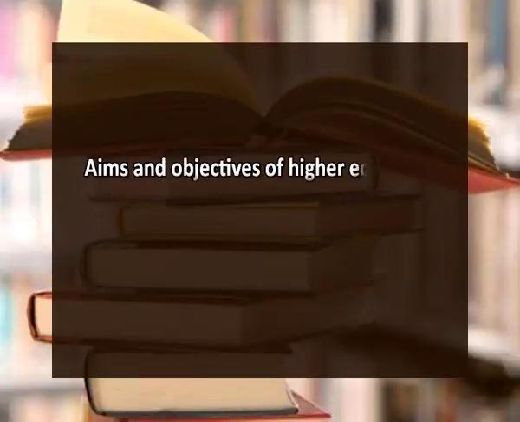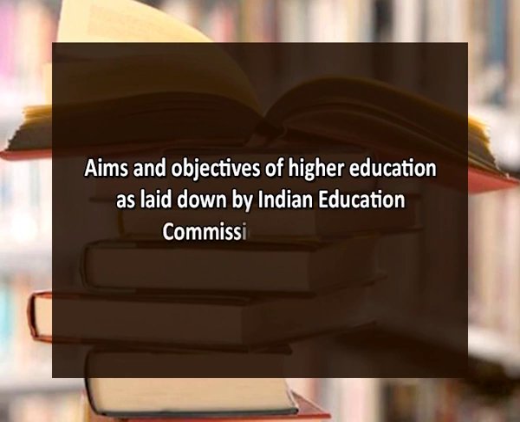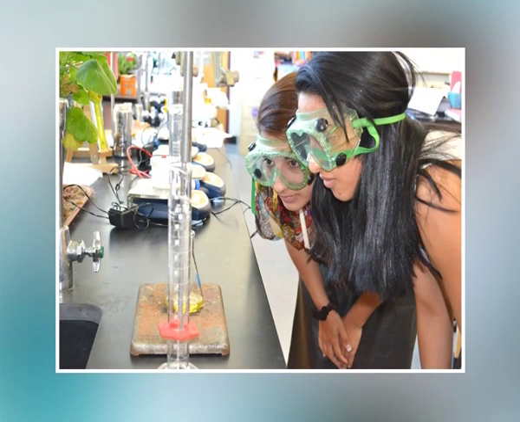Aims and objectives of higher education as laid down by Indian Education Commission 1964-66. The aims and objectives of higher education as laid by the Indian Education Commission are to seek and cultivate new knowledge, to engage vigorously and fearlessly in the spirit of truth, and to interpret old knowledge and beliefs in the light of new needs and discoveries.